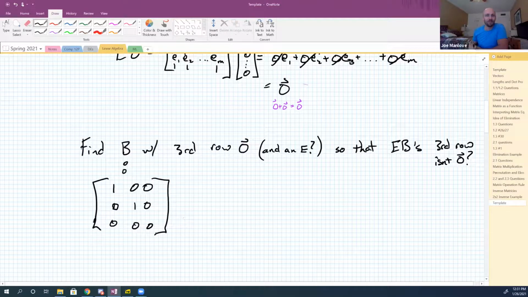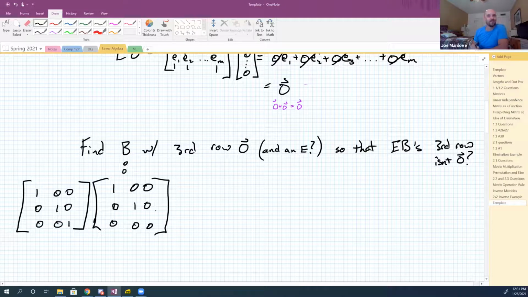So now I have a matrix with a row of all zeros. And I guess I get to construct this matrix E. So I just want to multiply this thing by something on this side so that I get something that doesn't have a row of zeros, specifically so that the third row isn't 0. You guys all see that? Okay, so I'm just going to start again here with the identity matrix. This is a crap idea.